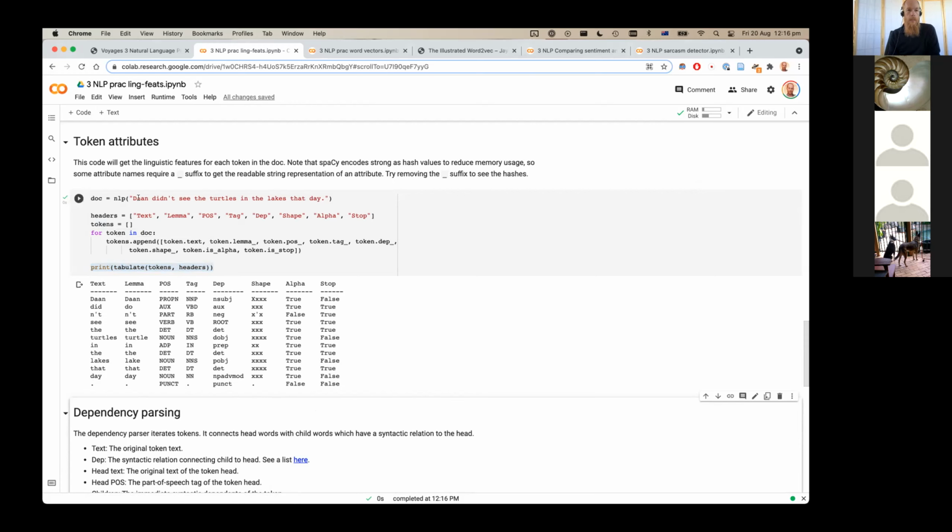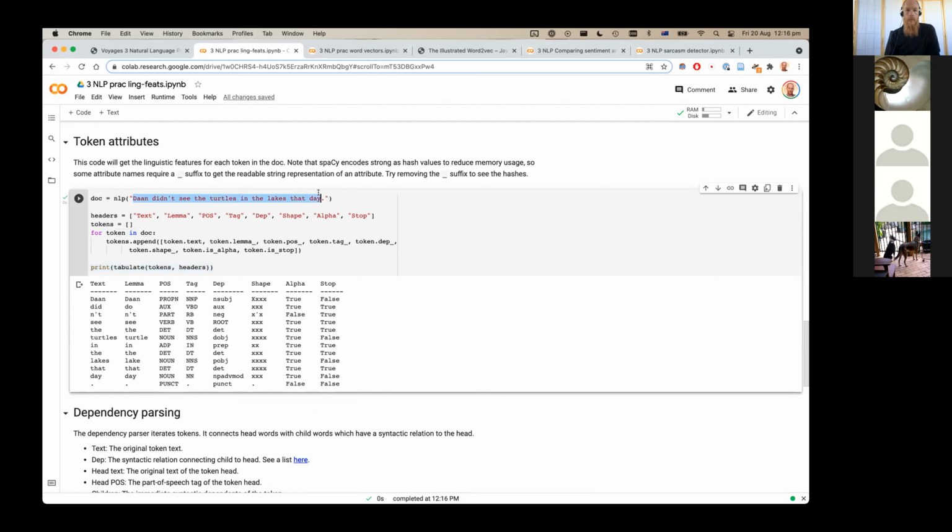So we can see that spaCy has broken our input sentence down into these tokens. Dan did not see the turtles in the lakes that day. The interesting breakdown is of didn't into did and n't forms, and the rest of it's pretty straightforward.